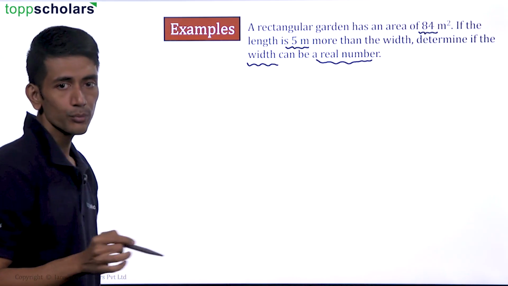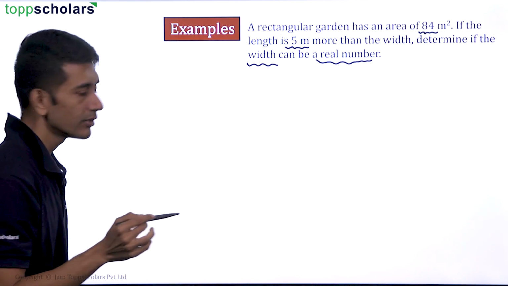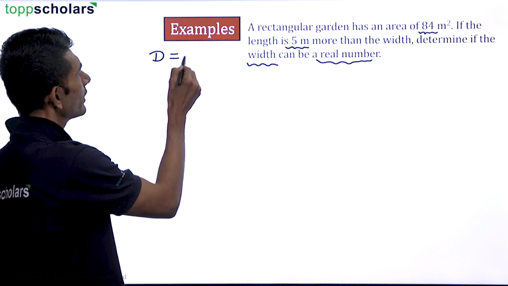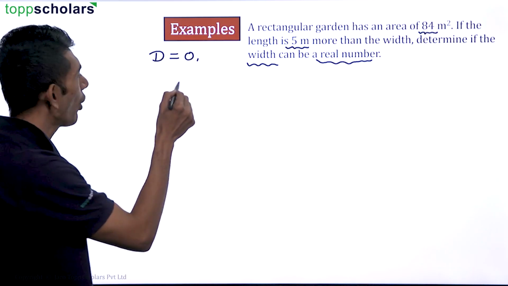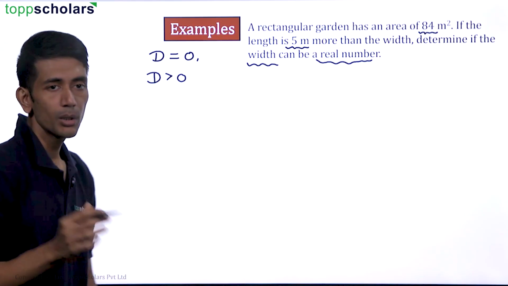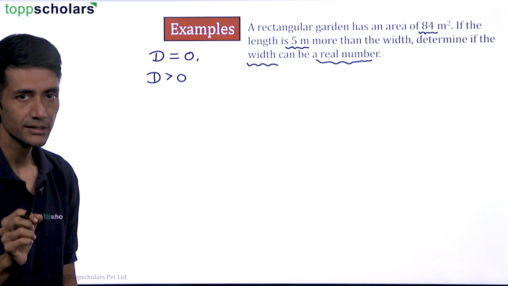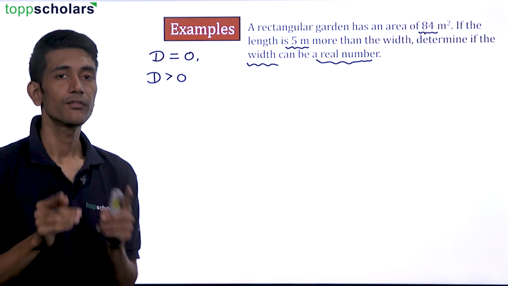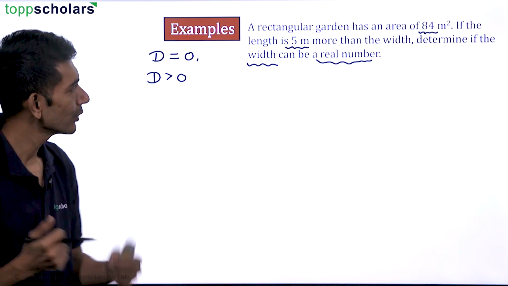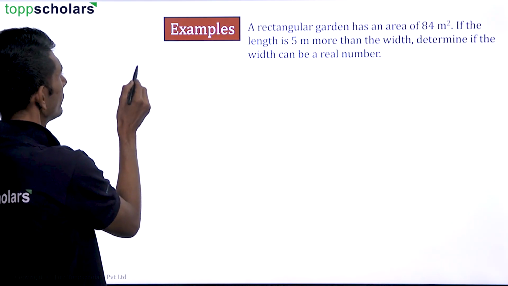See, width is going to be a real number only in two cases: when the discriminant is either equal to 0 or greater than 0. But if the discriminant is less than 0, in that case, the width will not be a real number. Correct? Okay. So let's move on to the solution.